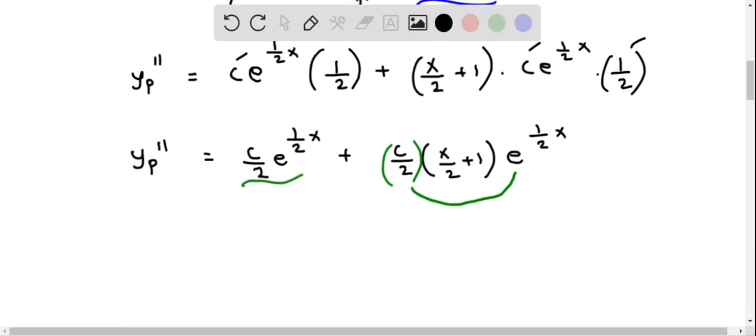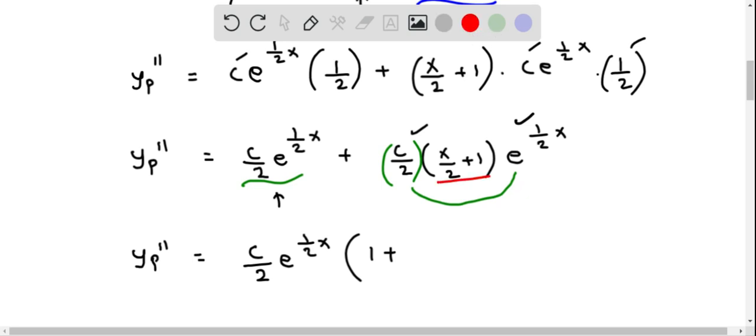So therefore I write yp double prime, and this equals, factoring out c by 2 e power half x. From the first term, if I factor this one, it will be left with 1, plus I factor this term as well as this term. So then I'll be left only with this expression, that is x by 2 plus 1. So here I put x by 2 plus 1.